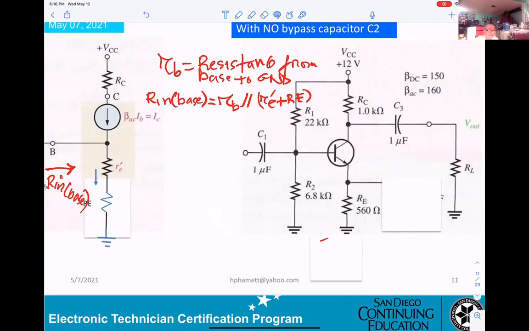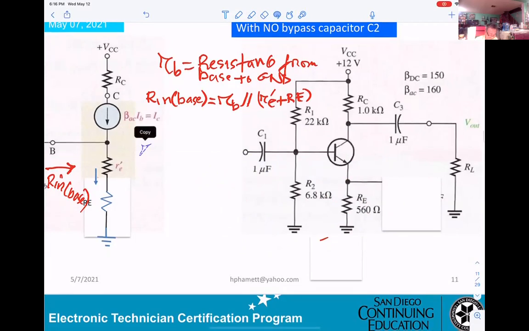However, who tell me, how do we calculate the RB? RB means the resistance from the base to the ground. Using the Ohm's law, what does RB equal?